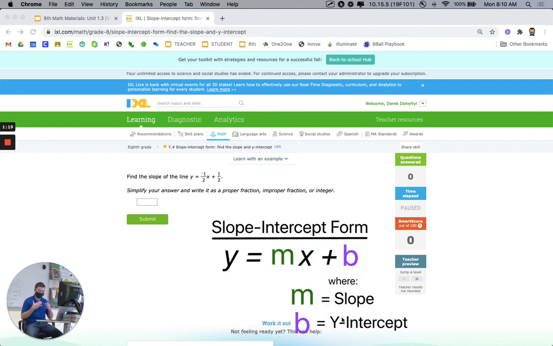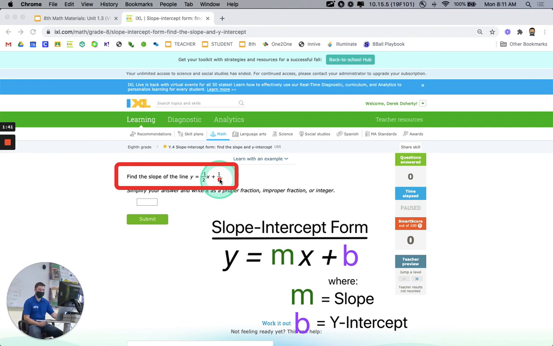Once we understand this, we'll practice more with this equation and see why it always works like this. But it's just a matter of, if they ask me for slope, I need to identify where the m is. So for this problem, they ask us to find the slope of the line y equals negative 1/2 multiplied with x plus positive 1/2.